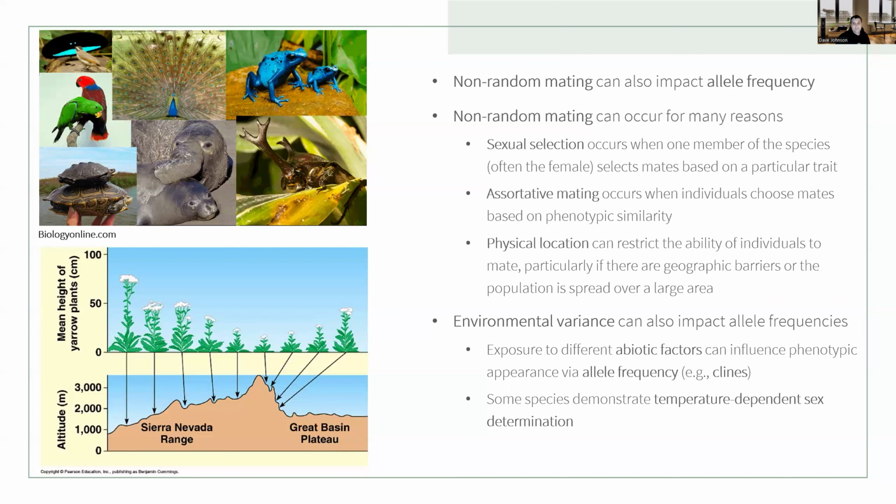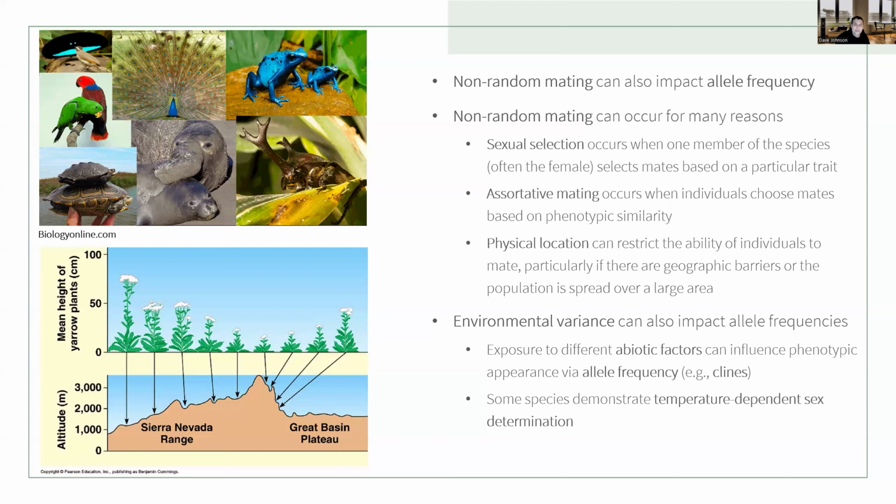We also know that some species, particularly in the reptile group, exhibit temperature-dependent sex determination, which is really wild when you think about it. The temperature at which the egg is incubated often changes whether the individual will be a male or a female, and as a result, the abiotic factors do contribute to the appearance, at least, of those particular alleles.